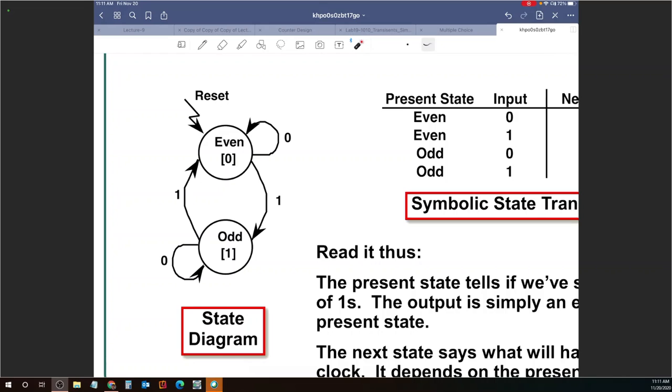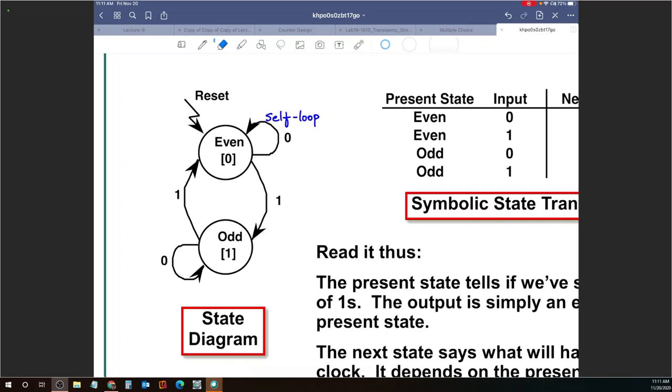And when you come to the state, there are 2 possibilities on your input. The input is 1 bit, right? So if you are in even state and you get an input of 0, you stay in that state. This is called a self loop. You are in the even state and you get a 0 on the input, you stay in the even state.